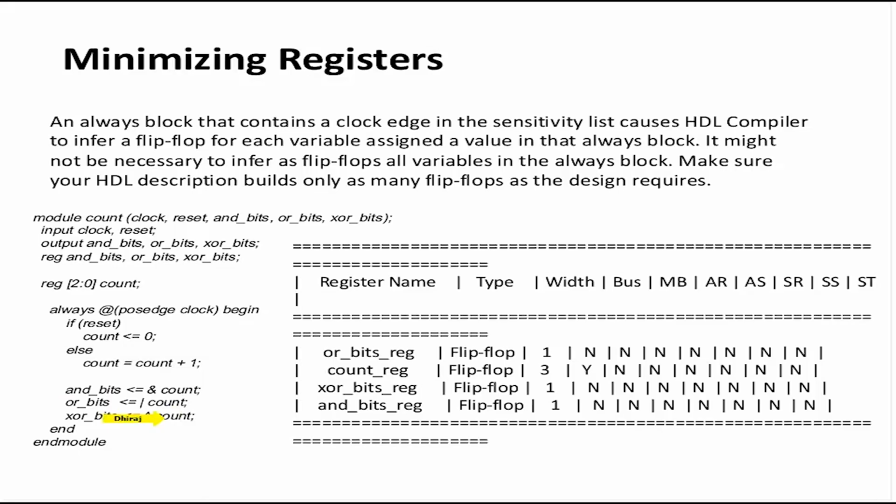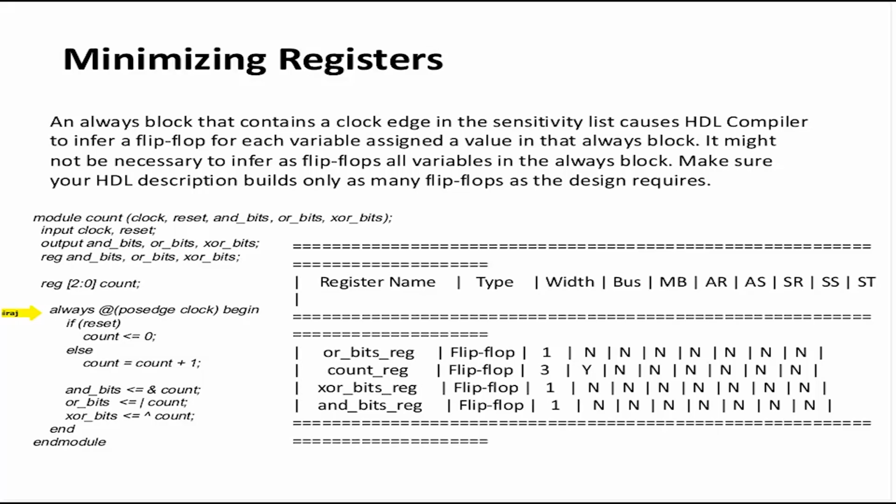Now, when it reads the code in this always block that starts here and ends here, it sees the following registers: count, and bits, or bits, xor bits. Correspondingly, you see the inference report like this. It will append underscore reg: or_bits_reg, count_reg, xor_bits_reg, and_bits_reg. It deduced they are flip-flops, as it's a posedge block.